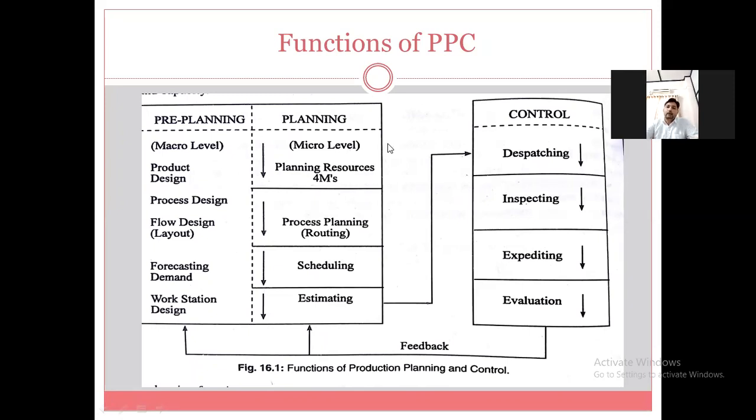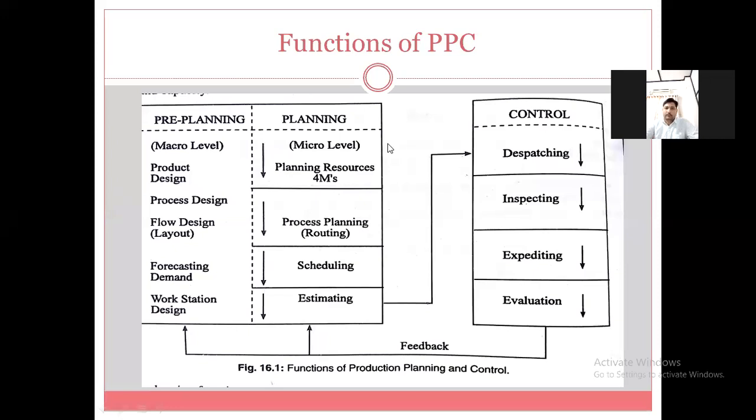Okay, and the next phase is the designing of that particular product. All the design considerations will be included in product designing. Once the product is designed and analyzed, which processes are required to produce that product is also important.